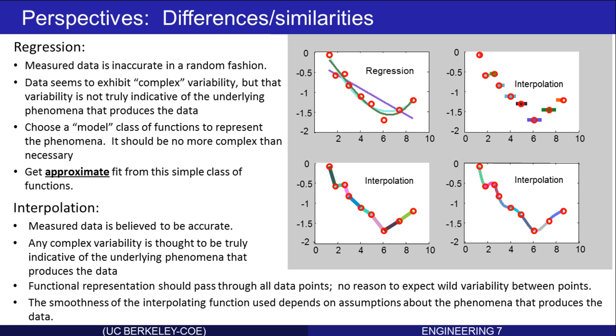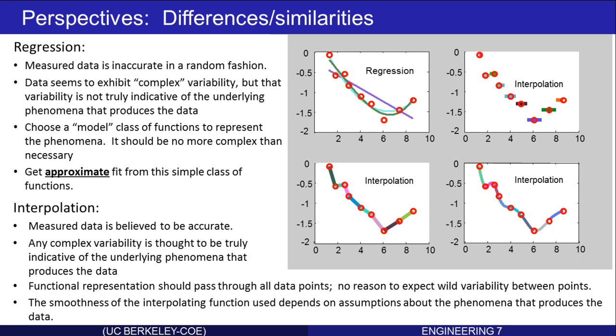And finally, any knowledge about the phenomena that's producing the data, that is responsible for the relationship between x and y, should be used in order to set the smoothness requirements on the interpolating functions. It's possible that it doesn't make sense that the relationship between x and y would be piecewise constant with large discontinuities, or that it would have abrupt discontinuities in its derivative, and therefore one might be led to use a smoother interpolating function.